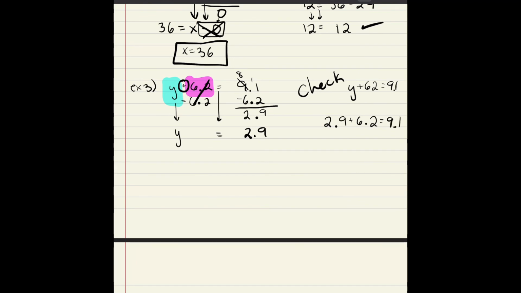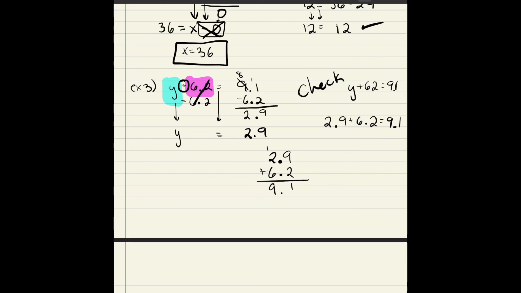And I'm going to do 2.9 plus 6.2 over here. So 9 plus 2 is 11, so I put 1 and carry the 1. 2 plus 6 is 8, plus 1 is 9. And bring my decimal down.